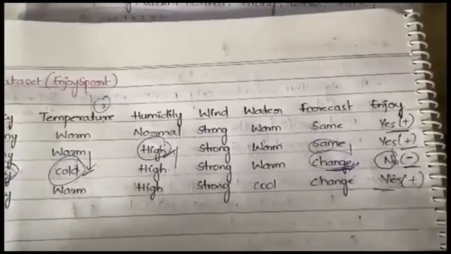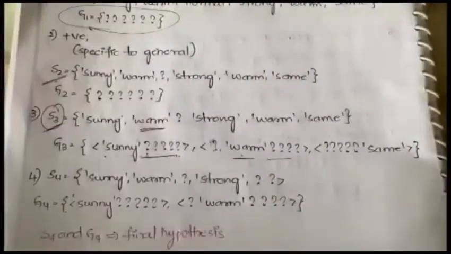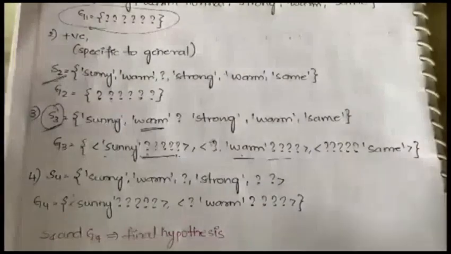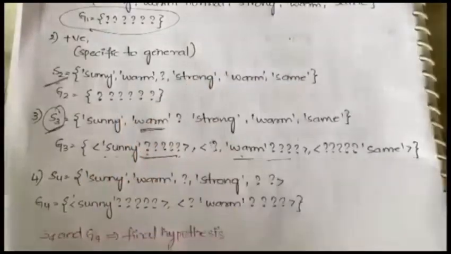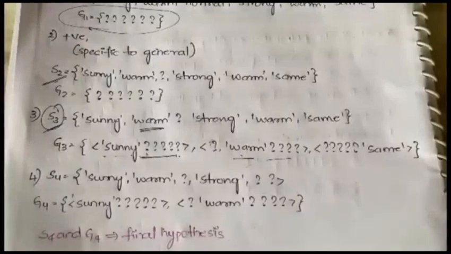That is how you specialize the general hypothesis for the negative example. So now we have S3 and G3. In case of a negative example, you do not modify the specific hypothesis, just like in a positive example, you do not modify the general hypothesis.